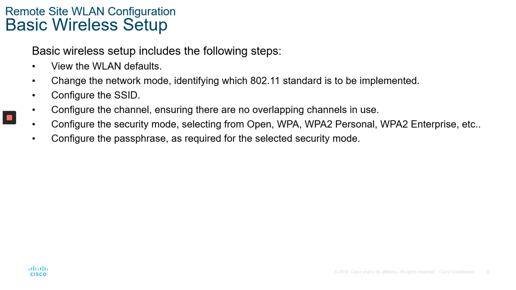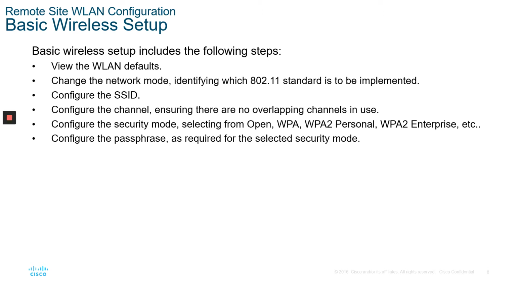For the basic wireless setup, you include the following steps. First of all, view the default VLANs and whatever default VLANs are there. Like I mentioned, I showed you there was a company network and two of the networks were disabled.